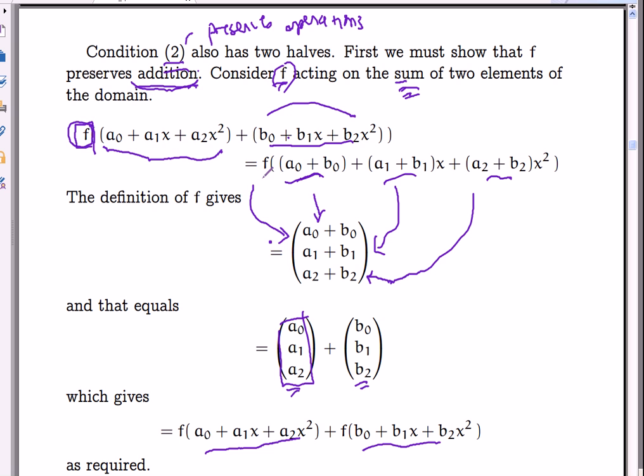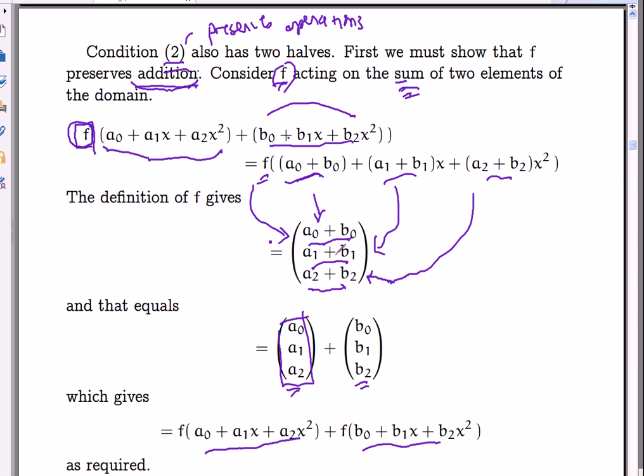Now, according to the definition of f, f of this polynomial is going to be the constant coefficient, x coefficient, and x squared coefficient. Those are the entries of the vector in R3 that consists of f of this polynomial.